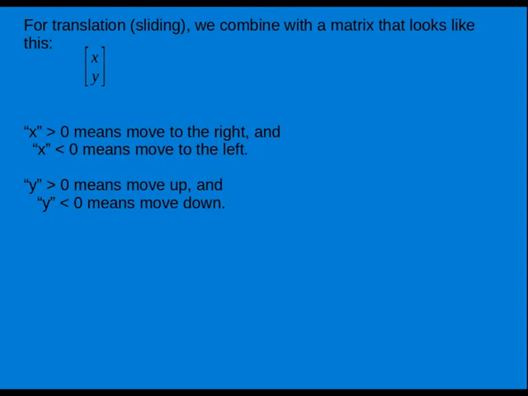For translation, or sliding, we combine with a matrix that looks like this, x over y, where x being greater than 0 means moving to the right, and less than 0 means moving to the left. And a y value greater than 0 means moving up, and less than 0 means moving down.